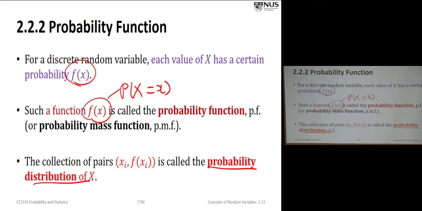You are able to compute the probability of any event related to this random variable. So what is this probability distribution? It's a collection of all the pairs, each value of the random variable and its corresponding probability. It's the set of all these pairs. That is the probability distribution.